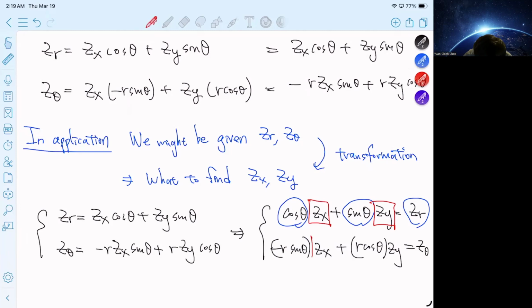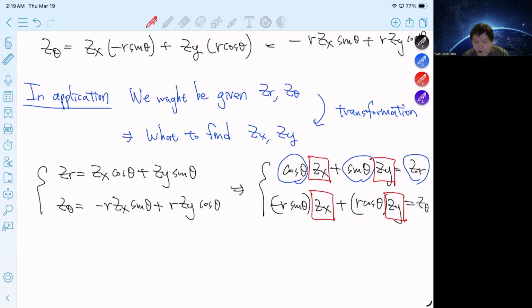Again, these are my variables. I want to solve for Zx and Zy in terms of Zr, Z theta. How to solve this? We just try to eliminate things. It's not easy to solve, but we can try.